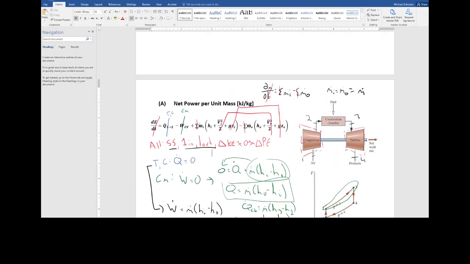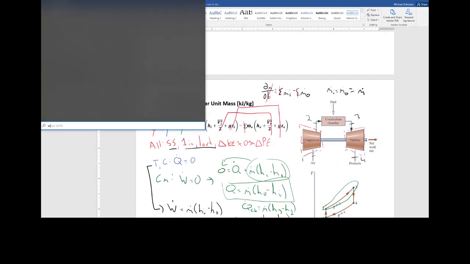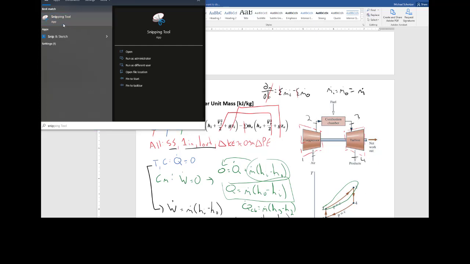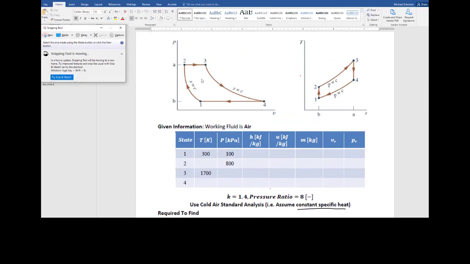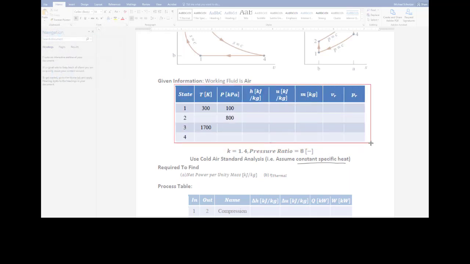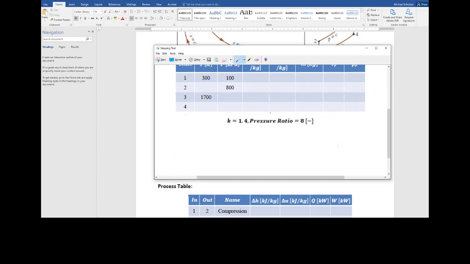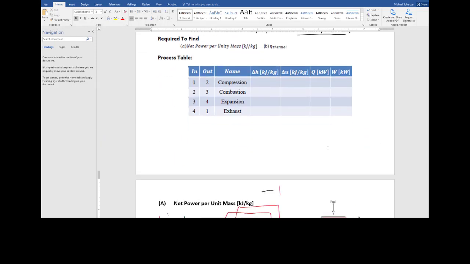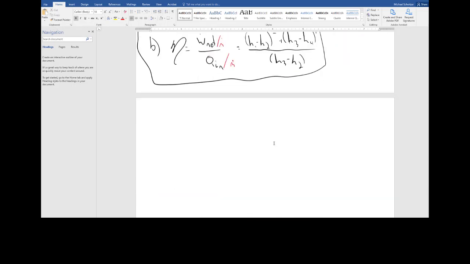Here's what I'm going to do. So when we do a constant specific heat analysis, really what we're looking for is we want to know the temperature and the pressure of all the different states.